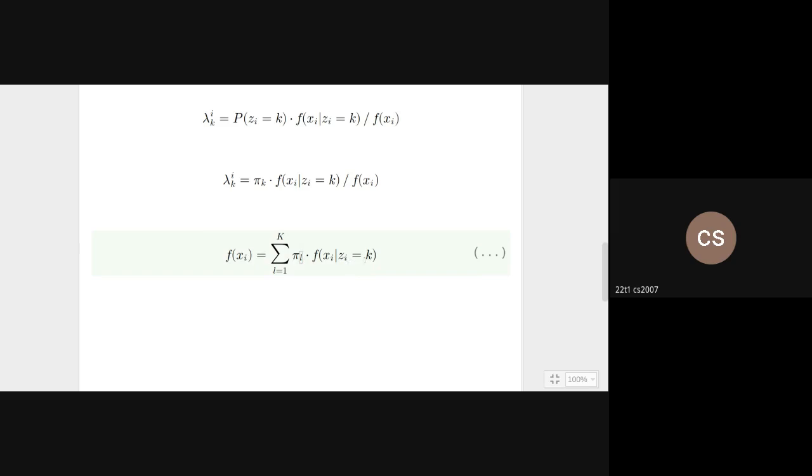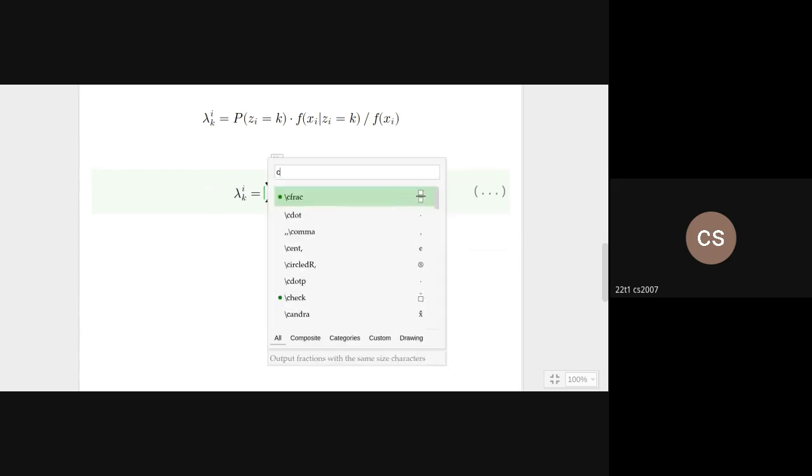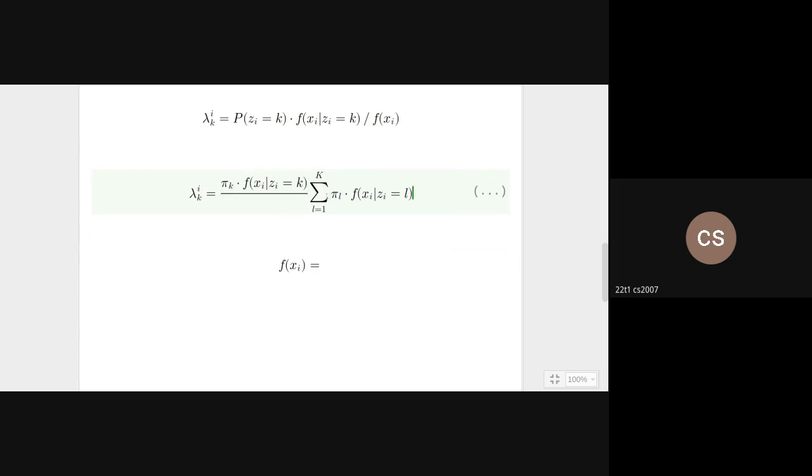So I do pi L times the Gaussian, summed over L equal to 1 to capital K. Now I can replace this here, and so that this looks a little less messy, I will just move this here. This is the formula for lambda ik that we need to compute. This is the probability that point i belongs to cluster k.